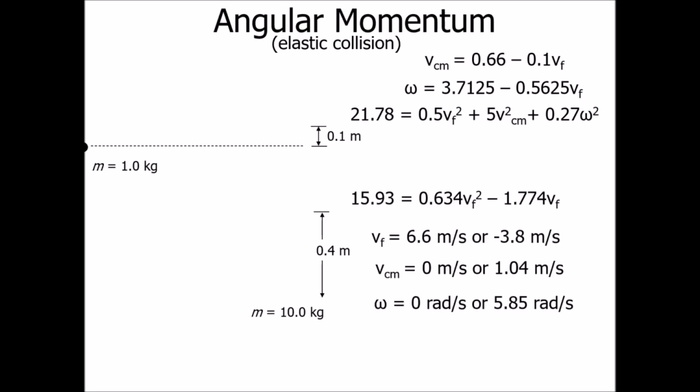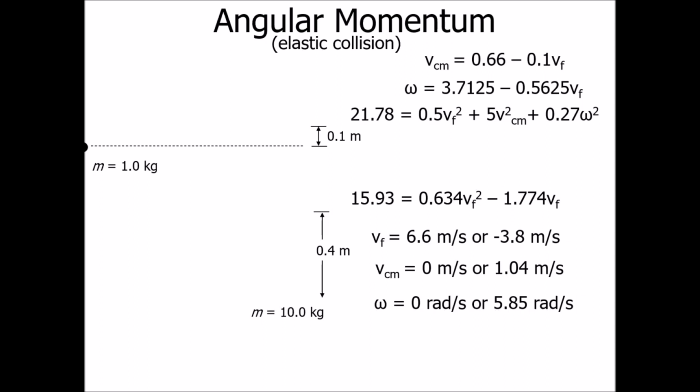This is what I end up getting. I get the final velocity to be either 6.6 meters per second or negative 3.8 meters per second, because it's a quadratic. The 6.6 doesn't make sense, because the ball doesn't go through the rod. It bounces back, so it must be the negative 3.8.